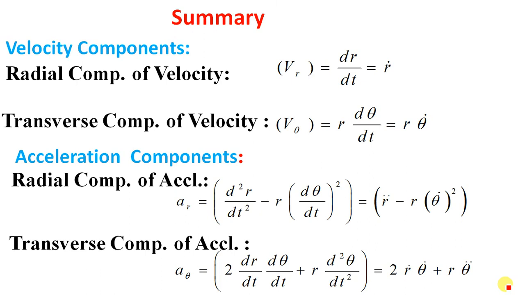Summary. Velocity components: the radial component of velocity Vr is equal to r dot. The transverse component of velocity V theta is r theta dot, where theta dot is nothing but d theta upon dt. Then acceleration components: the radial component of acceleration Ar is r double dot minus r theta dot square, and the transverse component of acceleration A theta is equal to twice r dot theta dot plus r theta double dot.